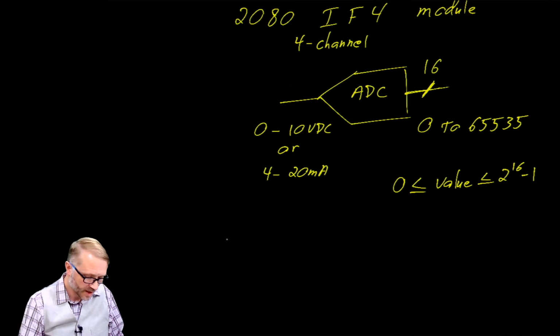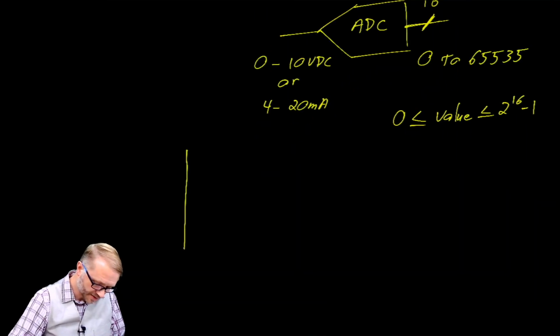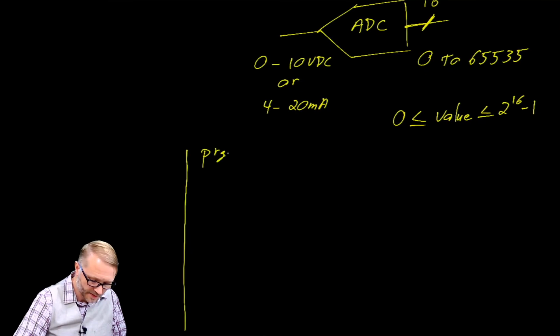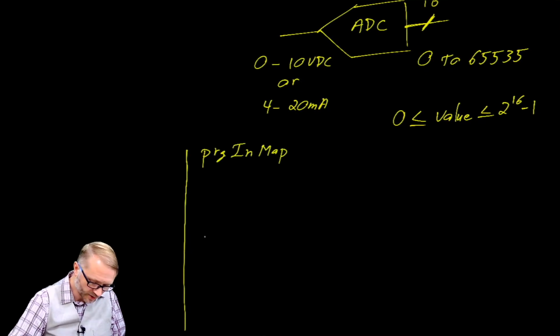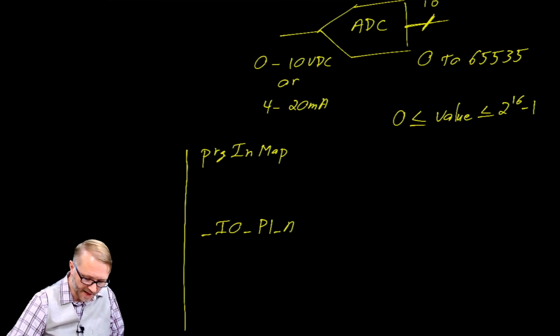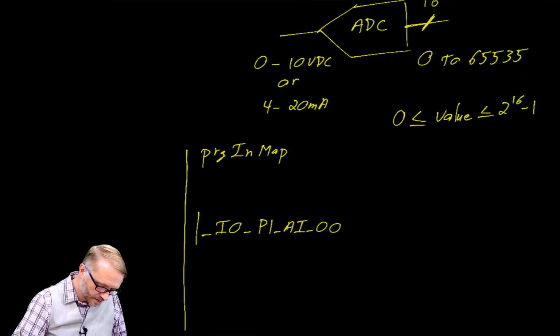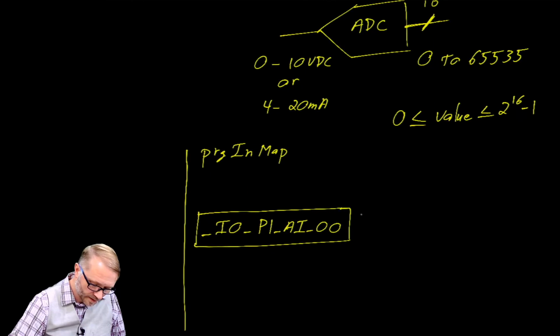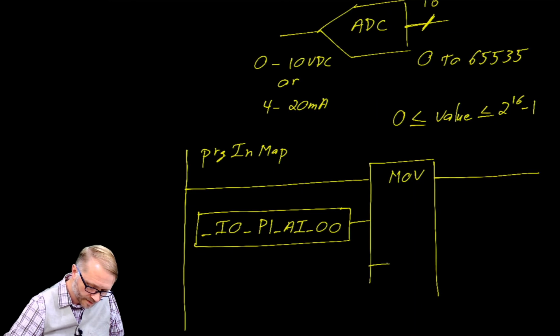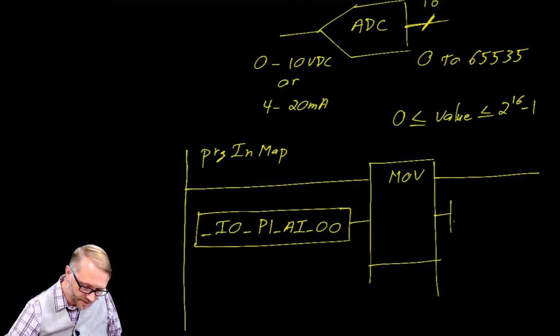When we're ready to use the analog to digital converter, we will go to Program, In Map. We'll look for the System I/O, and we'll assume in this case that it's in slot 1, analog input 0, 0. We will send this to an instruction called move, which will move the data to UI raw ADC0.